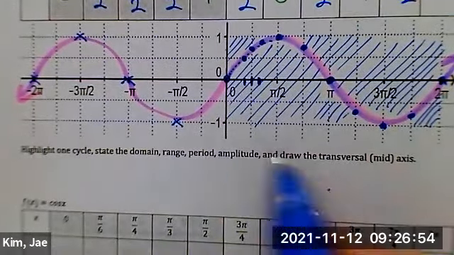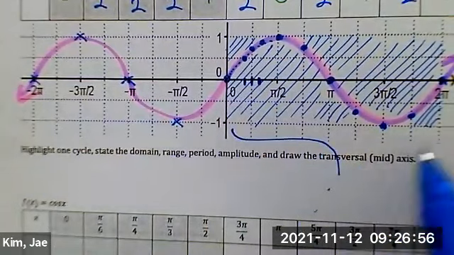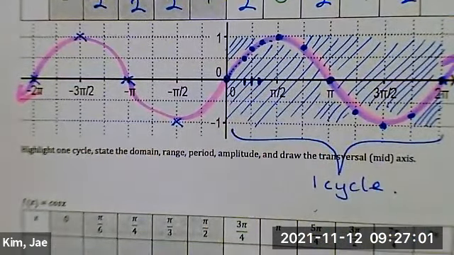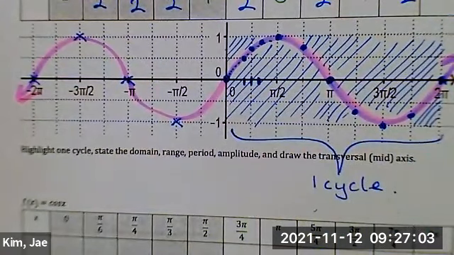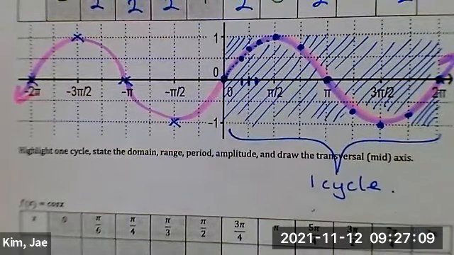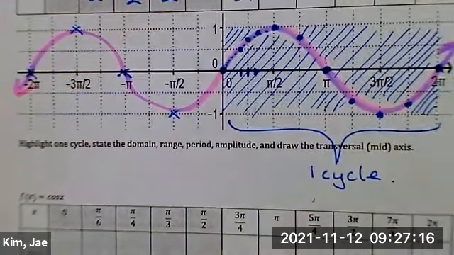Highlight one cycle, that would be one cycle. State the domain, the range, the period, amplitude, and then highlight the transversal or the mid-axis of this periodic function or the sinusoidal function. Let's do it.